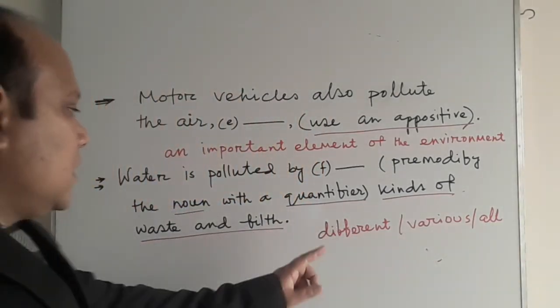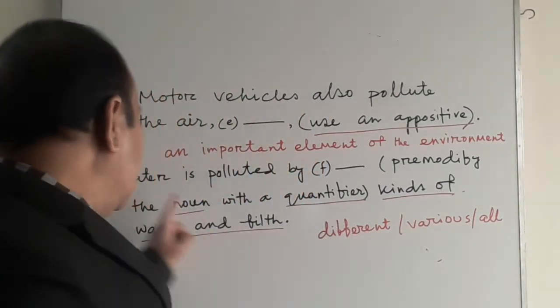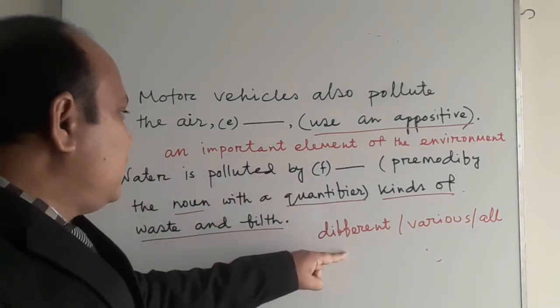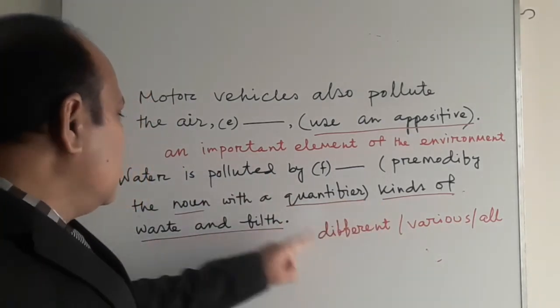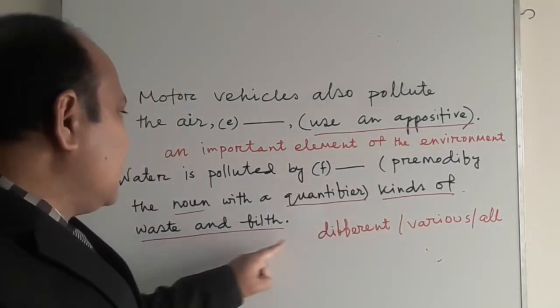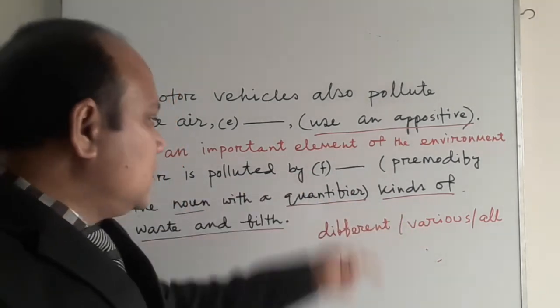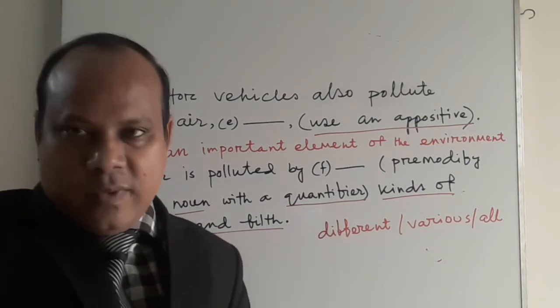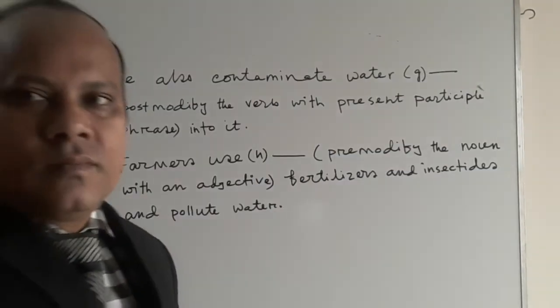So we can choose from these three. Water is polluted by different kinds of waste and filth, or by various kinds of waste and filth, or by all kinds of waste and filth.